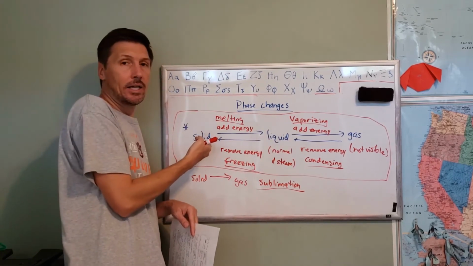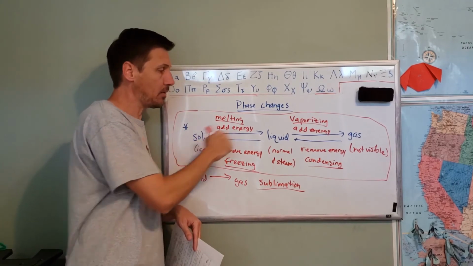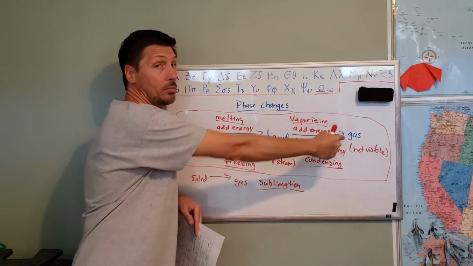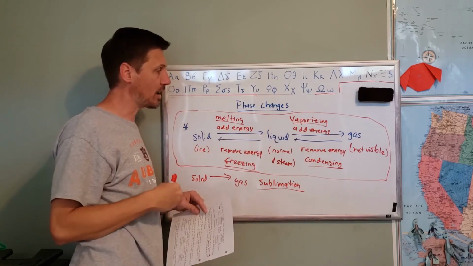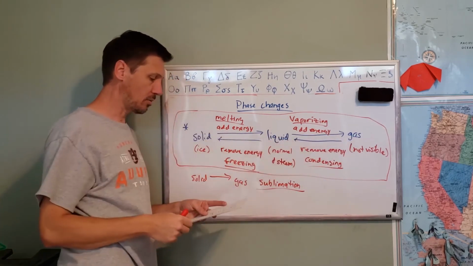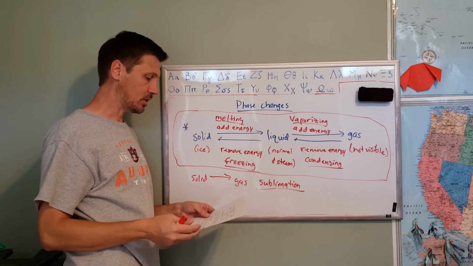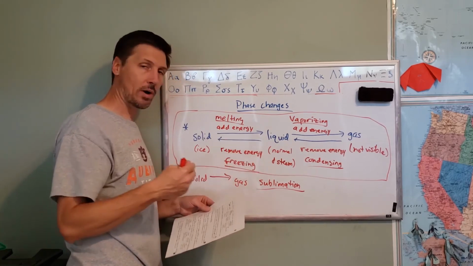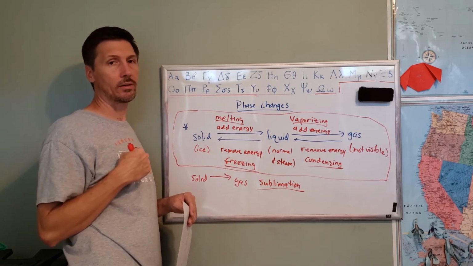We add heat, energy in the form of heat, and we're able to melt the ice and turn it into a liquid. We add more heat, and we take the liquid and we turn it into a gas. So it should make sense that we're adding energy there, whereas here we're removing energy. And since a liquid requires energy to evaporate, that's why our body cools down when we sweat.